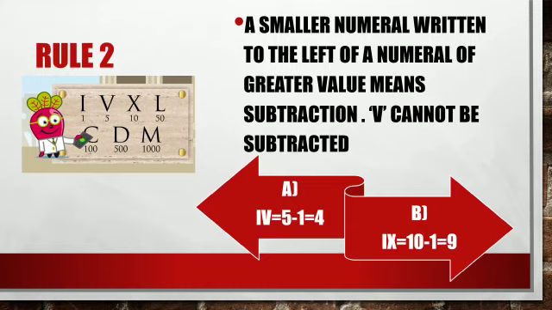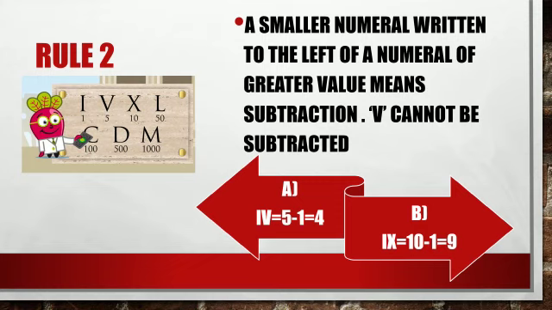As I told you, the statement says a smaller numeral written to the left. So I over here represents 1 and V represents 5. Since the smaller numeral is to the left of the greater numeral, we need to subtract, that is 5 minus 1 is equal to 4.